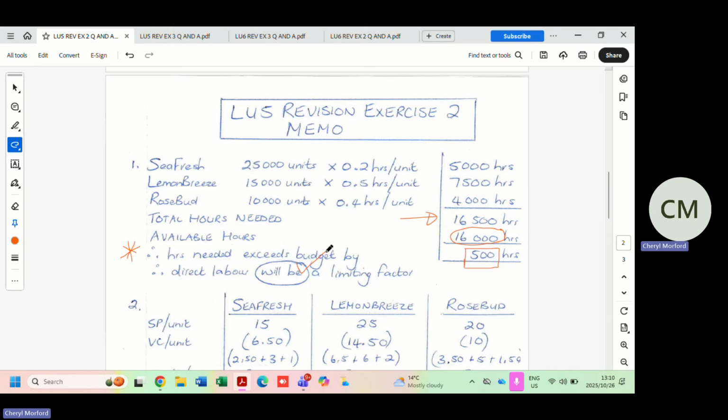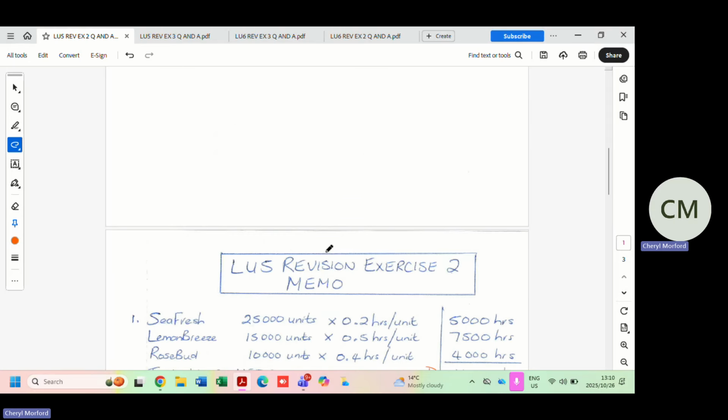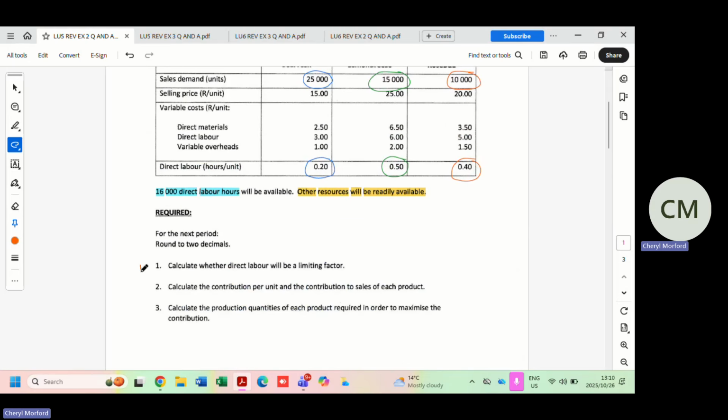I always recommend that you begin a question of this nature like that: work out the hours required, find the difference between that and availability, and then specify if it is limiting or not. So we've done part 1.